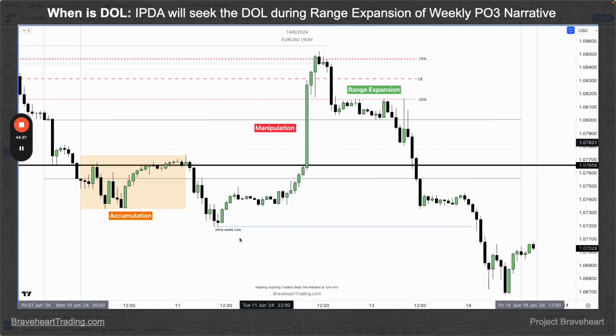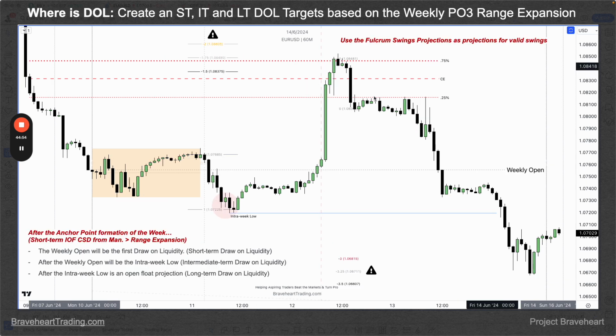So just remember that, okay, when it comes to when to expect draws on liquidity to be sought after for the week, it's most likely going to happen during the range expansion for the week, because that's what it's intended for.